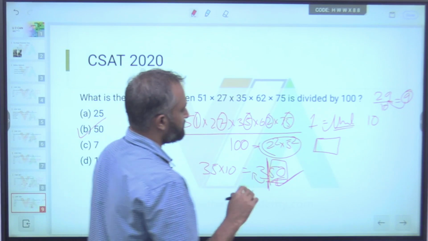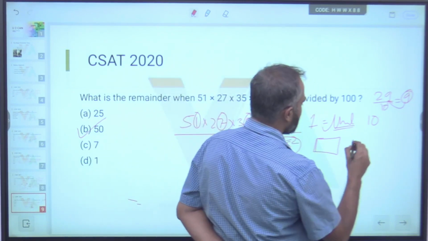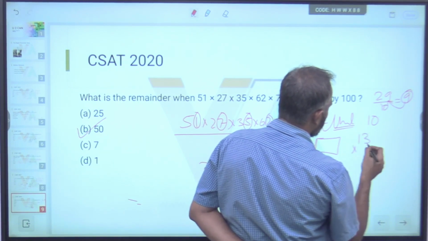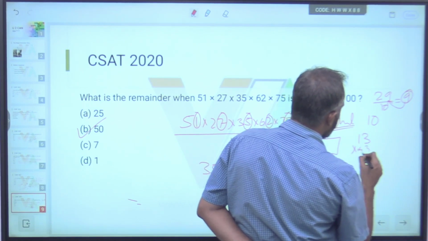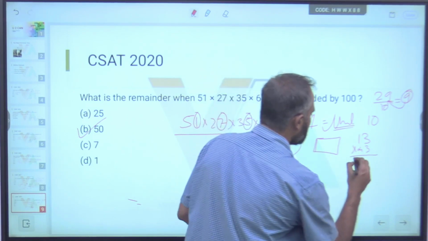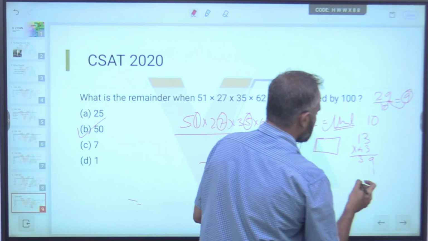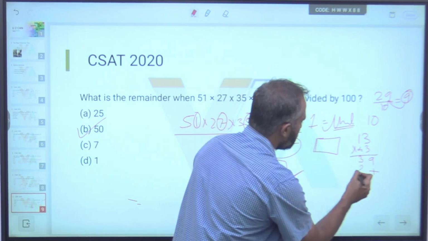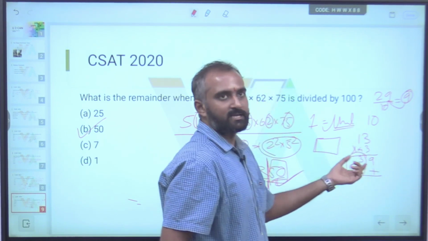If you are confused, let me give you an example. Suppose we get 13 into 43. 13 3s are 39. You see, the carry gets added: 13 4s are 52. When you do a product, only the carry is getting added to the next terms.